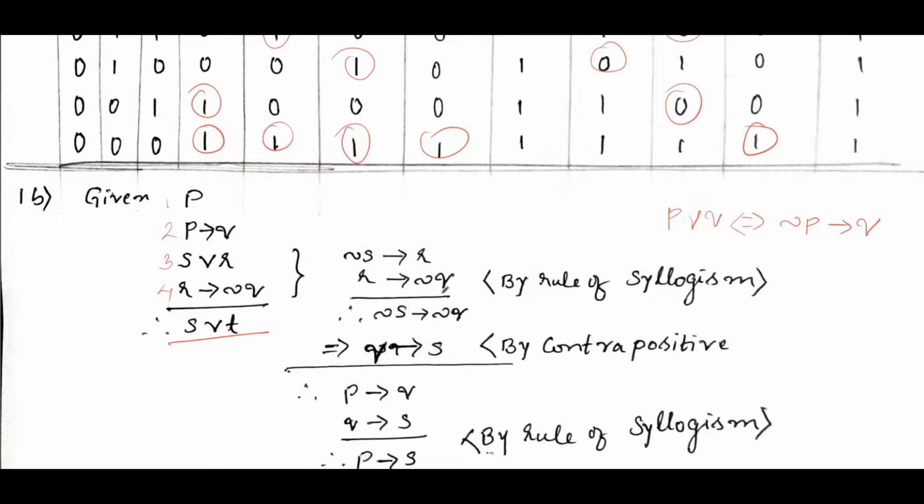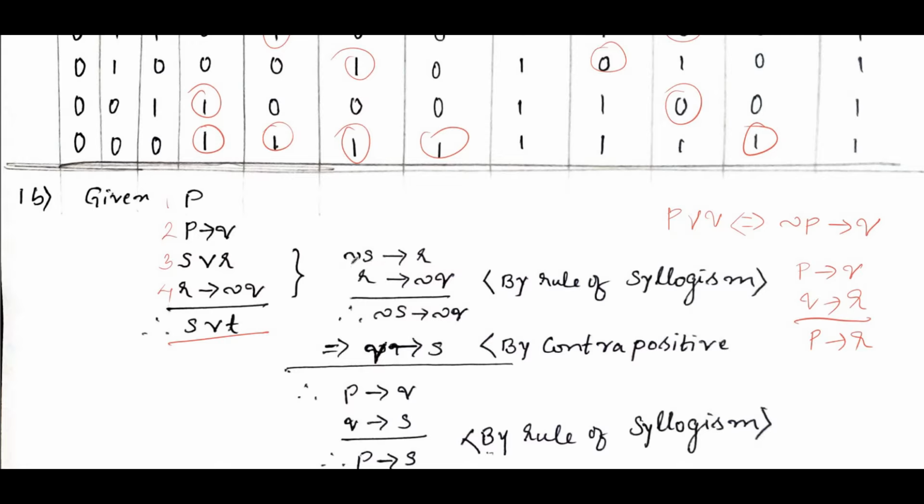Then I will apply the rule of syllogism. You know that the rule of syllogism is what? P implies Q and Q implies R is nothing but P implies R. This is the rule of syllogism.